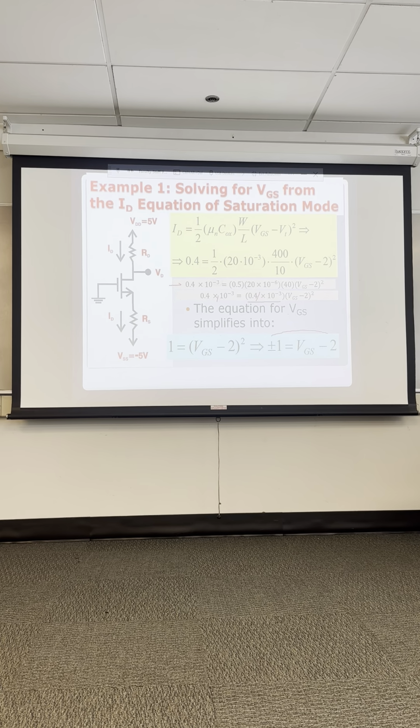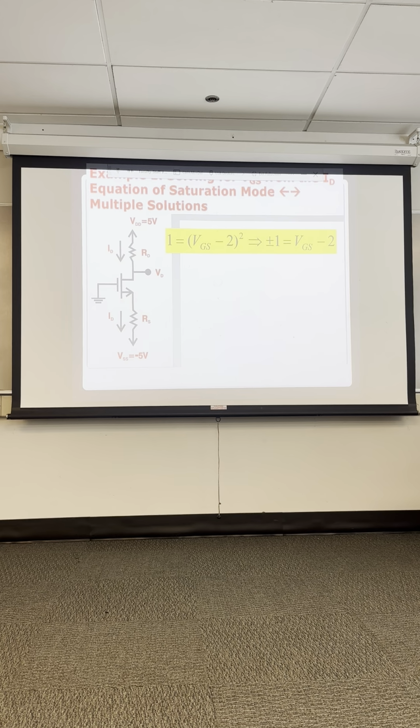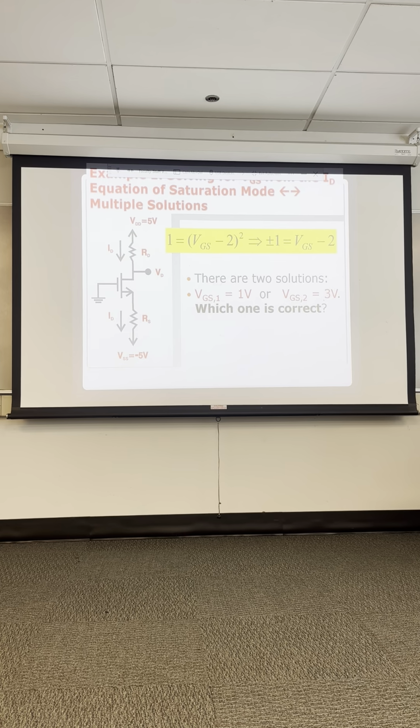However, we ended up with something simpler in its place, with plus or minus 1. So the two solutions: the gate to source voltage can be 1 volt, or the gate to source voltage can be 3 volts. So how do we determine which one is correct, or the better alternative?